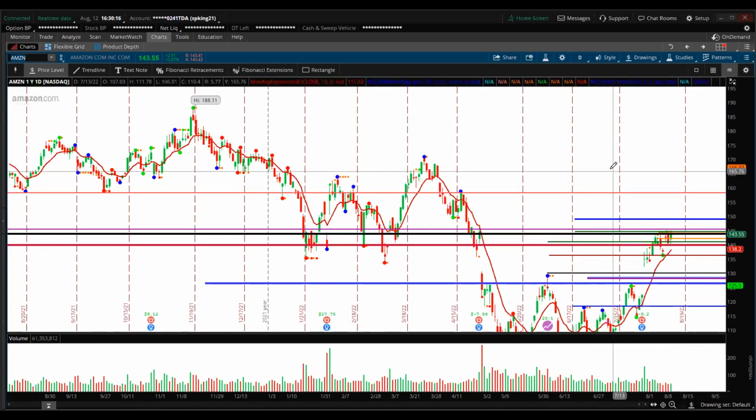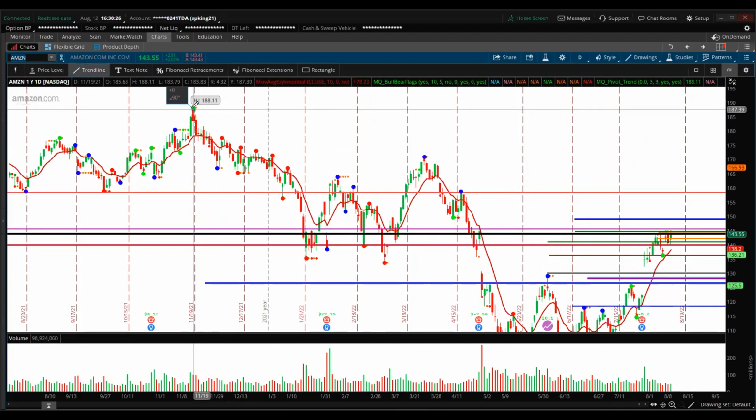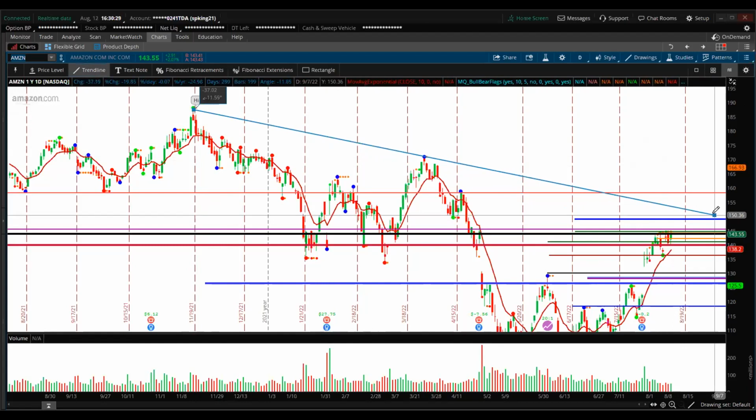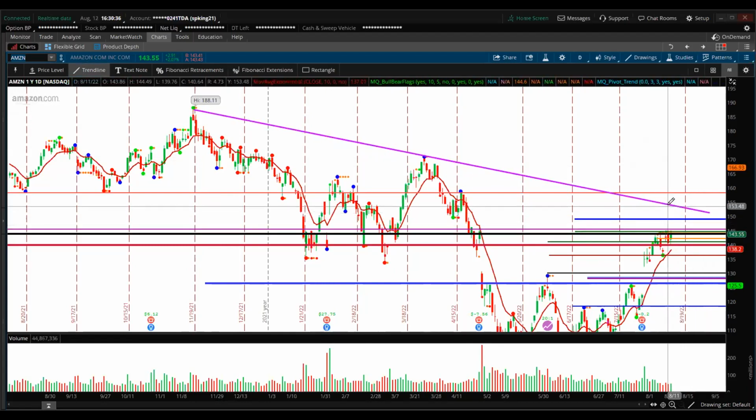So I'm assuming the market may have hit a bottom. It's pushing up, Amazon is starting to recover. If I do a trend line here, I can drop in a trend line and go, okay, well, Amazon could easily get up to that trend line, bump into a little bit here, and then if it gets into this trend line, this is one of the higher time frame moving averages here. That's the 100. It could get back down into that and then come up and break through that trend line. Okay, just again, I'm talking hypothetical.